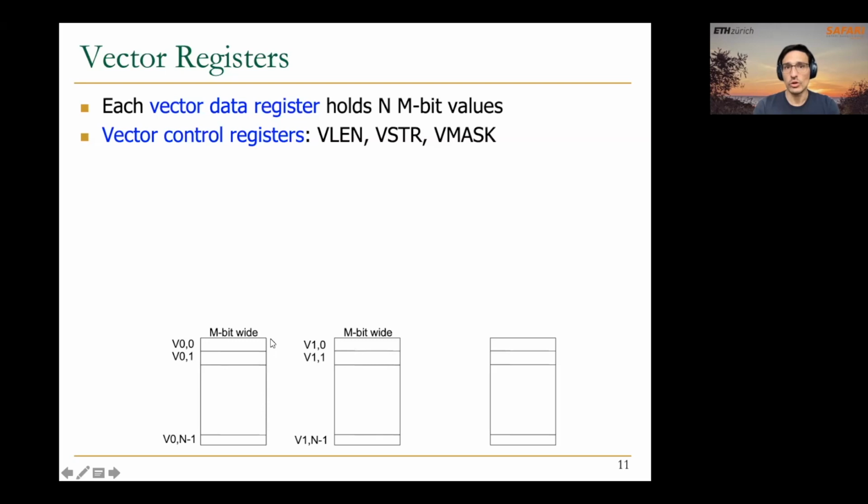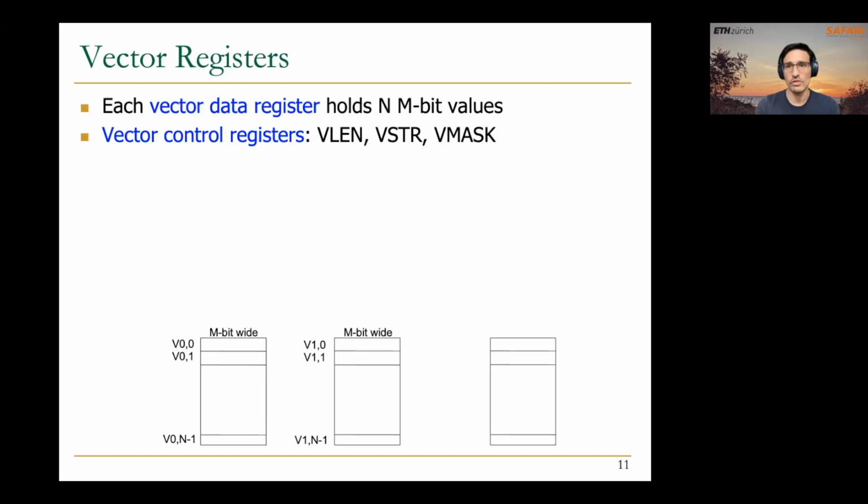We also have the vector control registers that we have already mentioned, at least a couple of them before. The vector length defines the length of the vector that we are operating on, or the part of a longer vector that we are operating on, the vector stride to calculate the access, and then we have a vector mask.